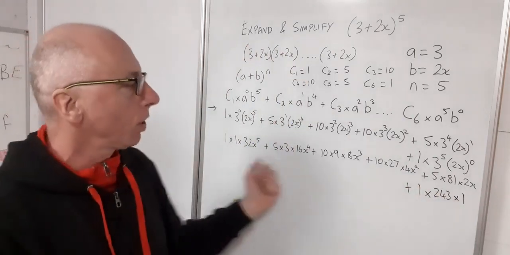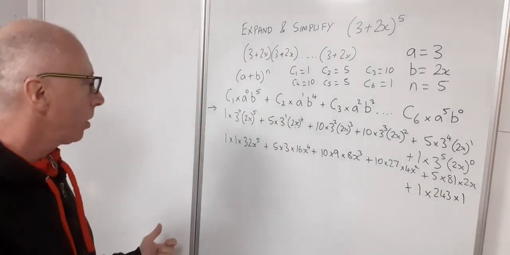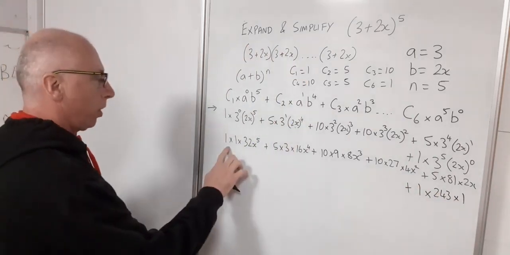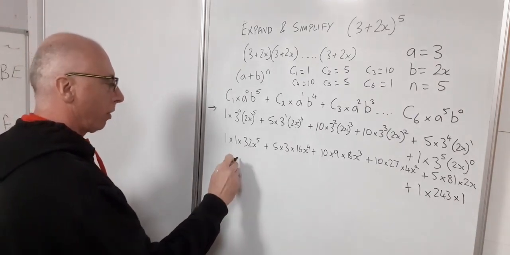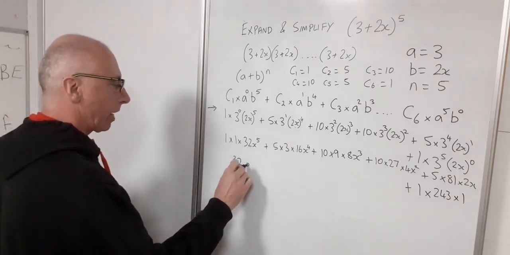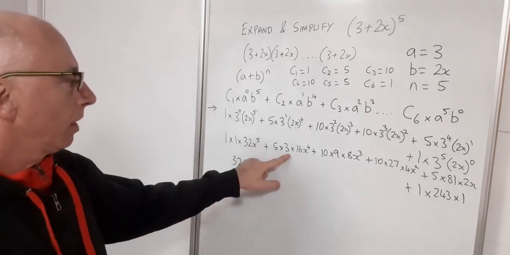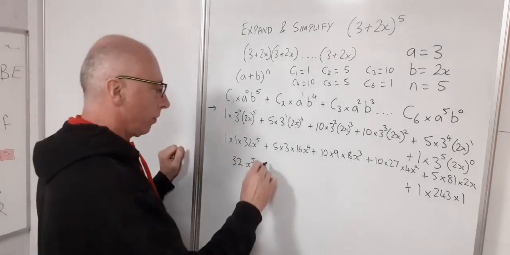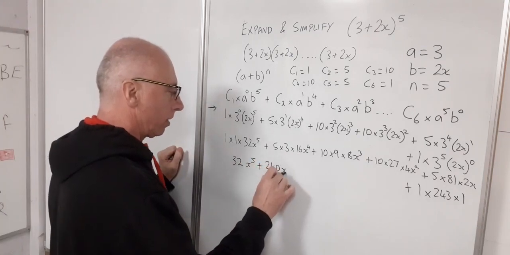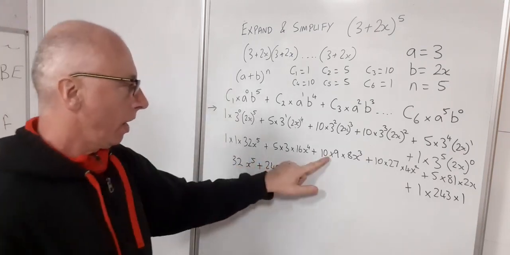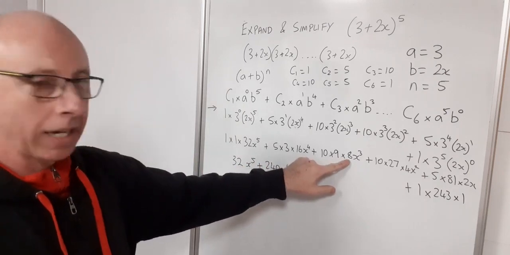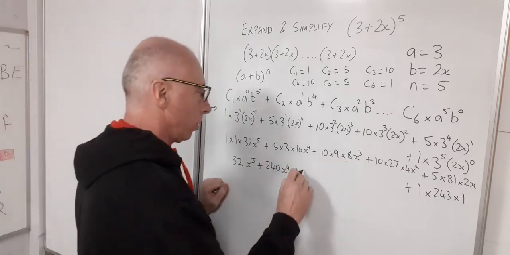So now to fully simplify this, I just simplify each term as I go along. So 1 times 32, that's my coefficient, and x to the 5. 5 threes are 15. 15 times 16 is 240. And that's x to the 4. 9 tens are 90, times 8 is 720, and x cubed.